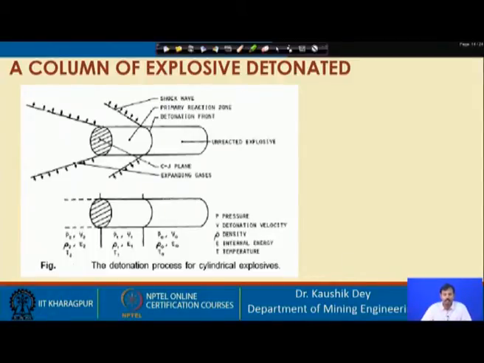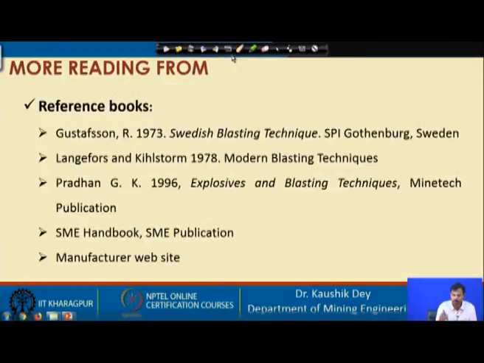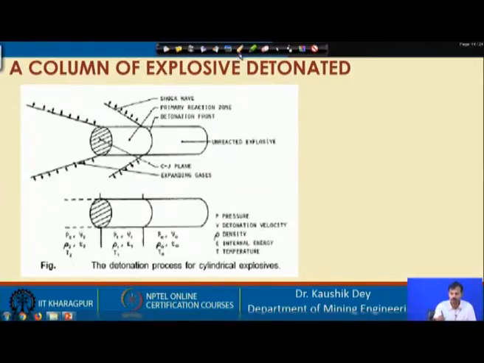Now, let us understand what happens when a column of explosive is being detonated. So, in this case, this is a column of explosive, and consider at any instant of time t, the detonating front is at this position.